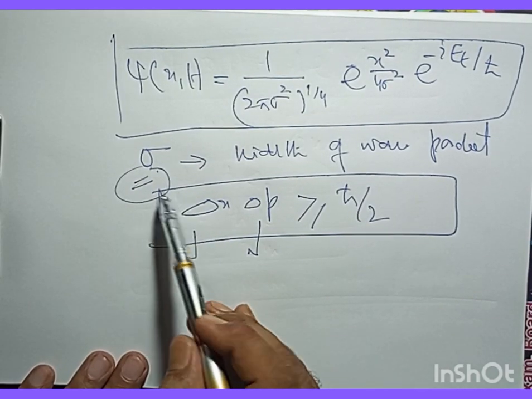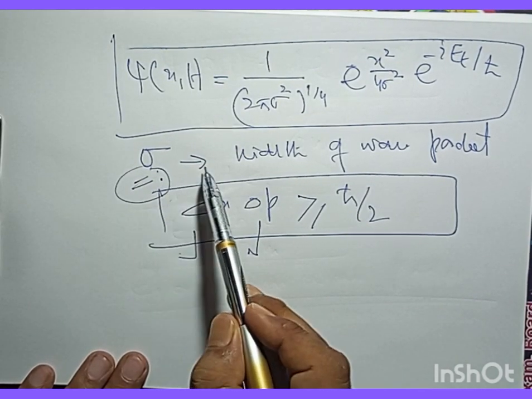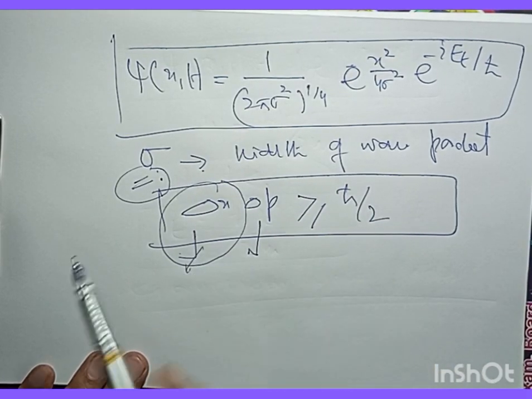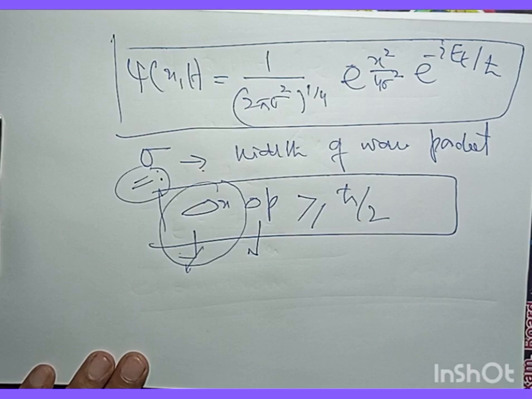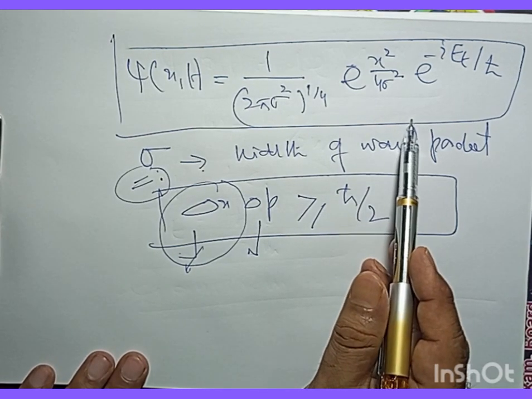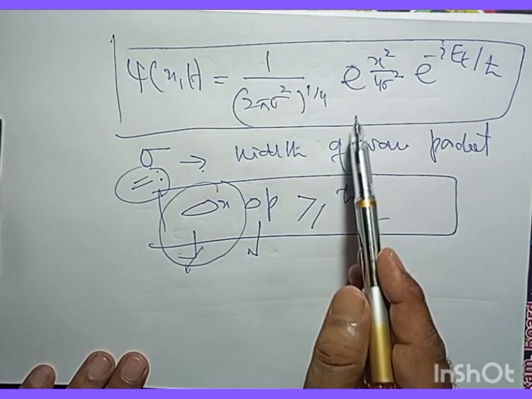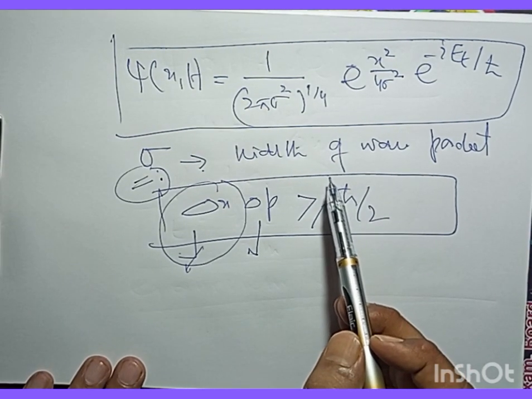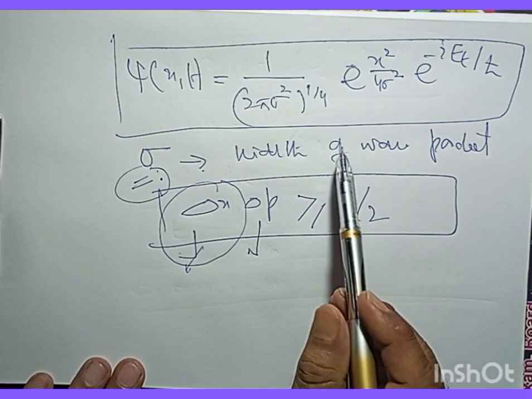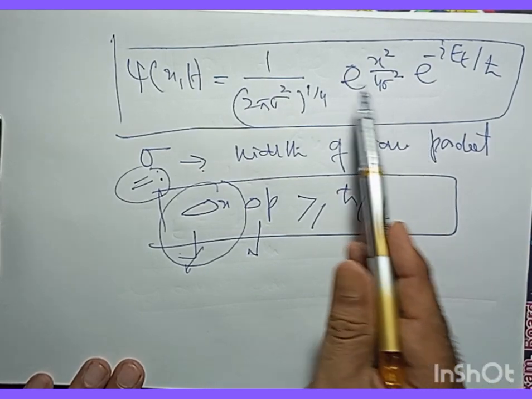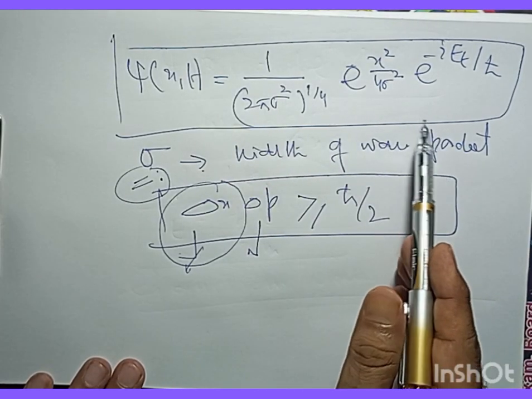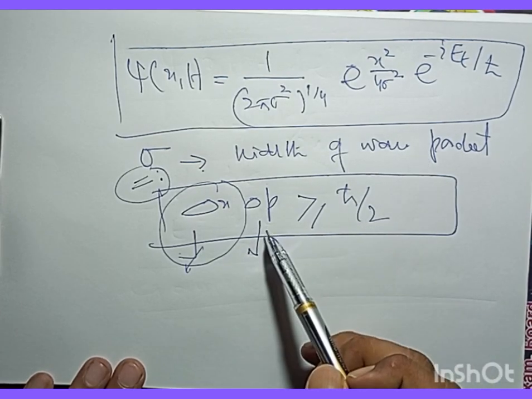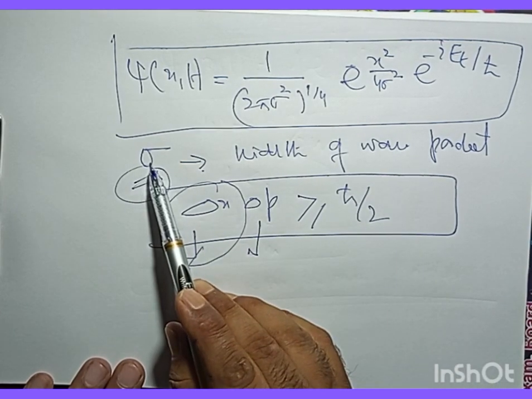The width of the wave packet gives the estimate of the uncertainty delta x. And the width of the momentum space in the Gaussian wave packet, which we have not described exclusively here and has been described in some other video, is inversely related to this sigma.